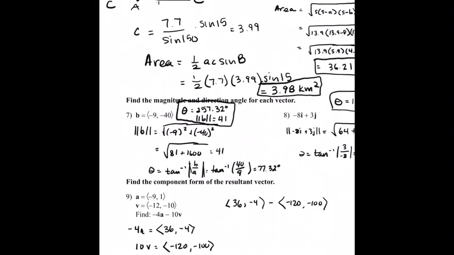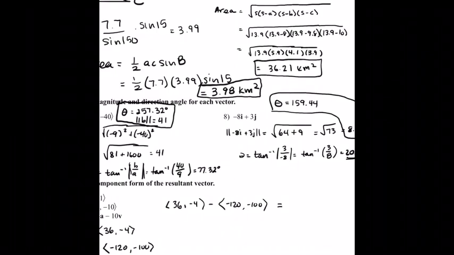And you subtract horizontal components, so 36 minus -120, so that's going to be positive, because we're adding. That's 156. And then -4 minus -100, again, subtract a negative is the same as adding, so it's -4 plus 100, which is 96.